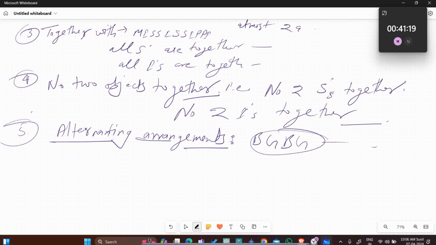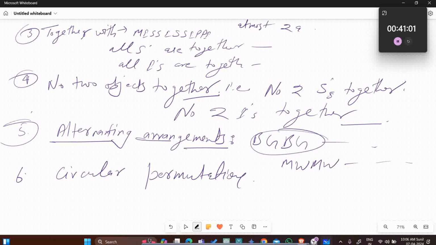Other is man, woman, like that. And the last one is circular permutation. So we will discuss them one by one.